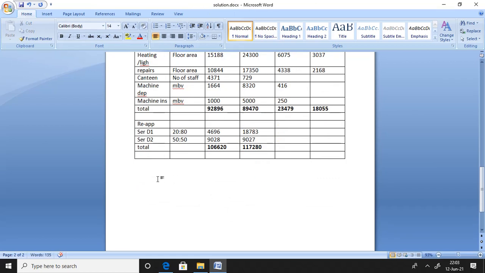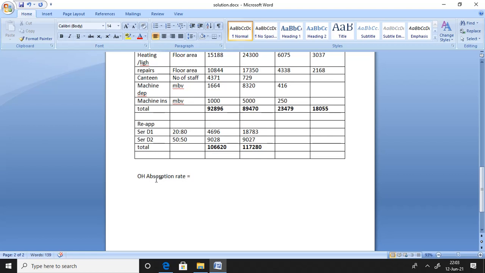Now let's calculate the overhead absorption rate.